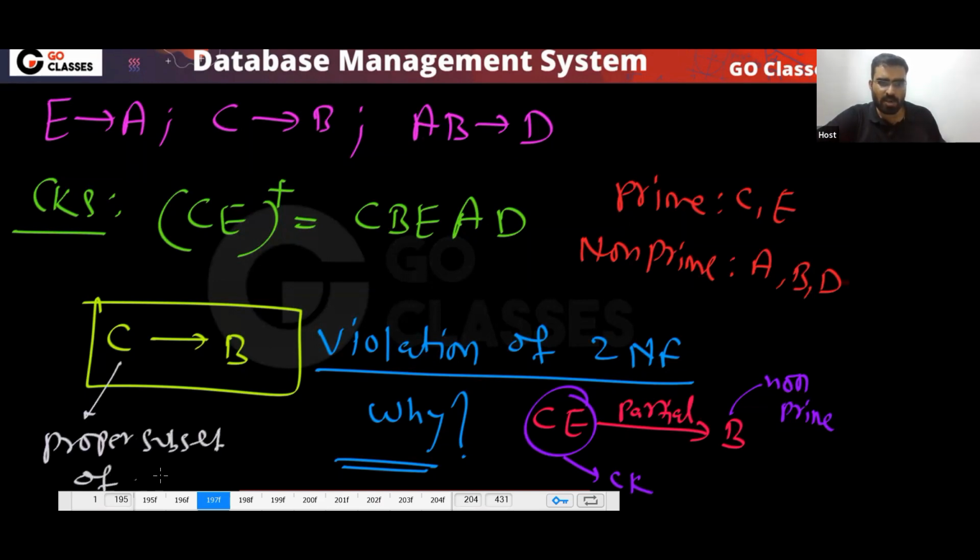This is a proper subset of the candidate key, and this is non-prime. So this is the violation of 2NF. Is this clear? Anyone has any doubt?